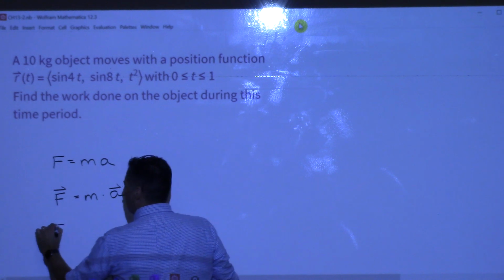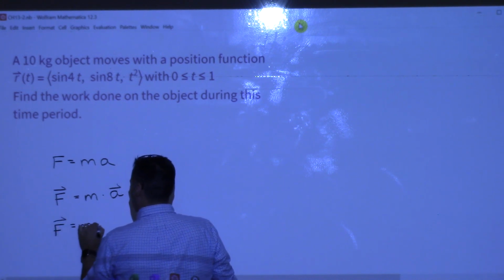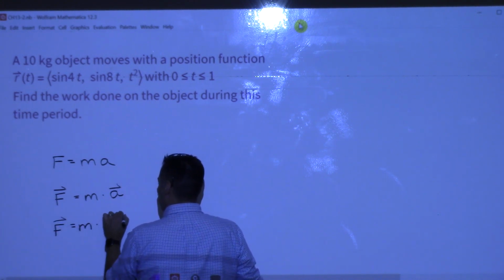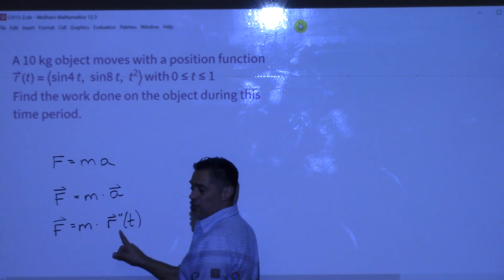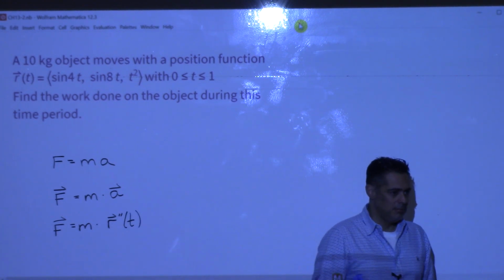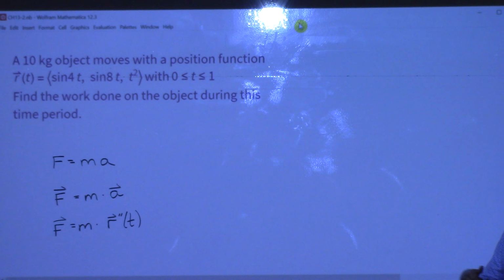And that vector will be the second derivative of the position. So if you give me any object moving in space and you give me its position function, I can always tell you its acceleration function. And then its mass times that acceleration function should be the force. And that would be the field we're talking about here.